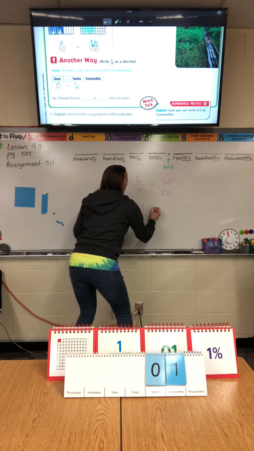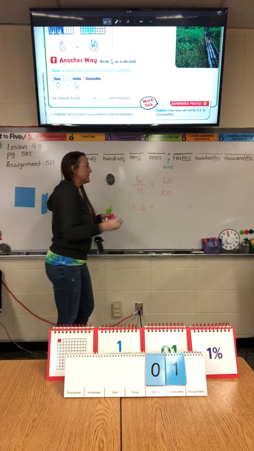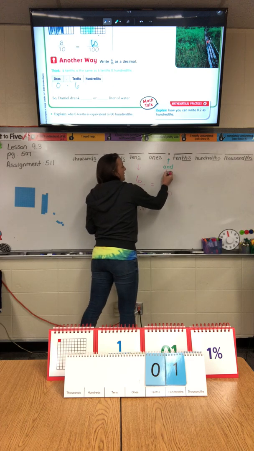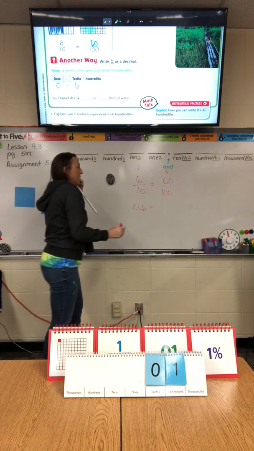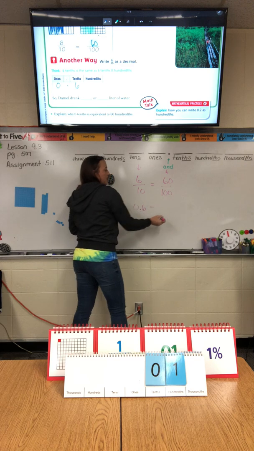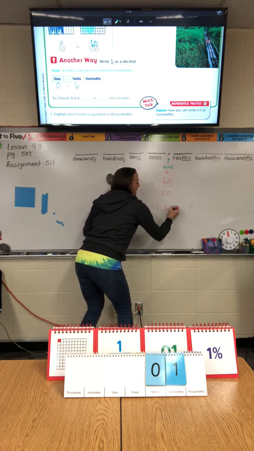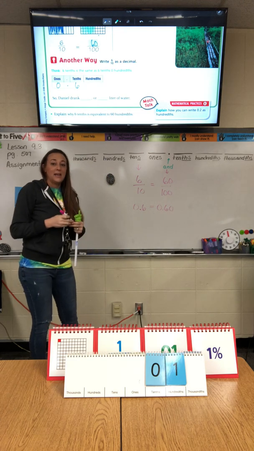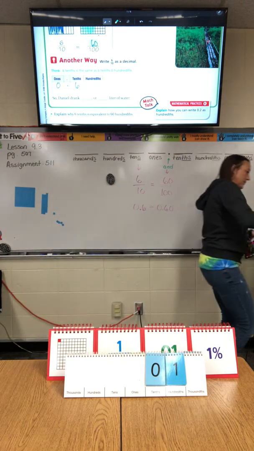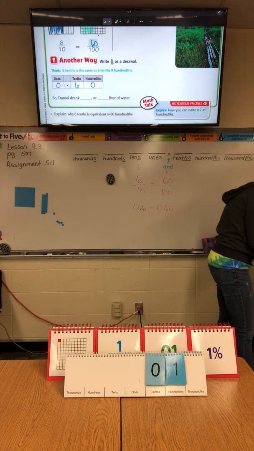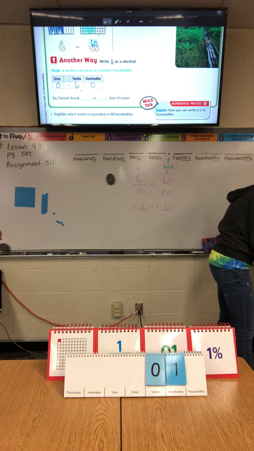The only difference between these numbers on this side and these numbers right here is that these have an extra 0. And so we do the same thing over here. Add another 0. Pretty cool. So 6/10 is the same as 60 hundredths. So Daniel drank 60 hundredths liter of water.